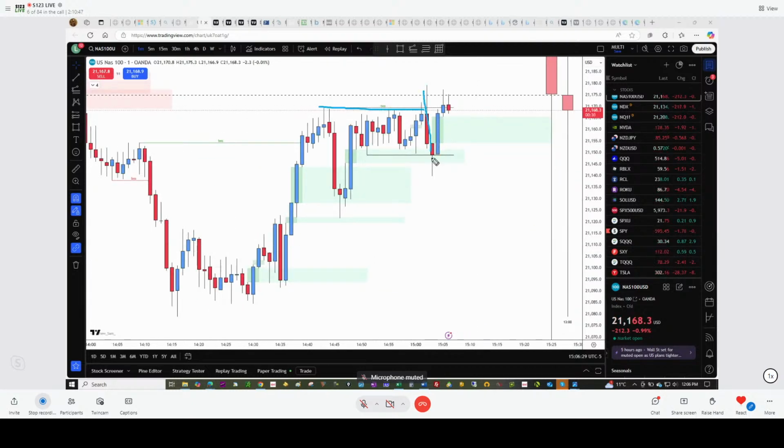They came back down as I was expecting, but they did not close below that candle. They came right on it, but didn't close below it. That's quite interesting. So if we take out this high, we're more than likely going to be pushing to the upside. A close here would have signaled a possibility that we're coming back down.